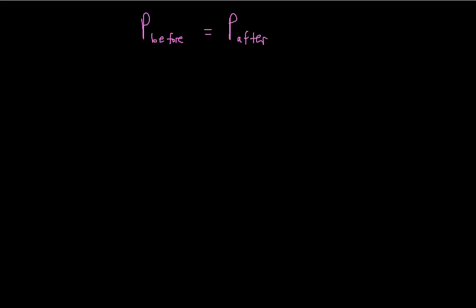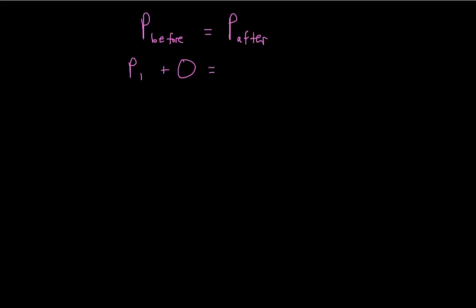And so we can easily solve for their new velocity using conservation of momentum. So first notice that the system consists of the two objects, and there are no external forces on the objects. So therefore, their total momentum is conserved. So again, their total momentum is the momentum of object 1 plus the momentum of object 2.